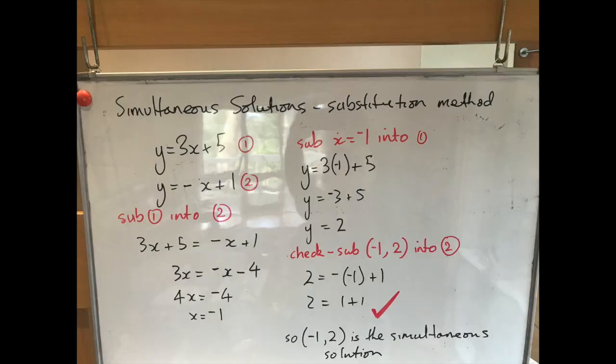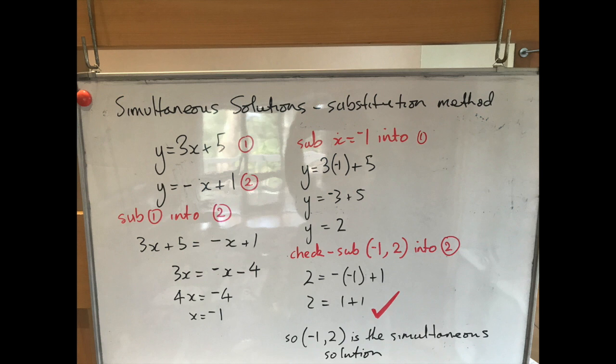So I suggest you get a copy of this example into your book and use it to make sure that you write yours in the same kind of format. So the steps again are to label your two equations, call them equation 1 and equation 2, then replace one of the variables. It doesn't matter whether it's x or y, but you should come up with a statement that's left with only one variable in it.